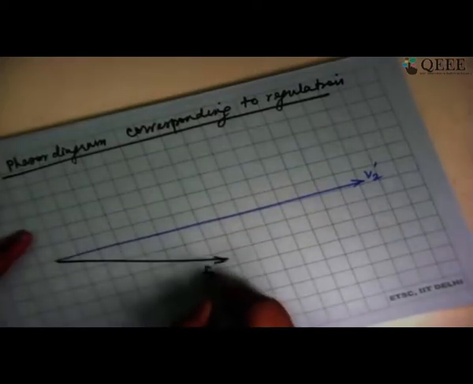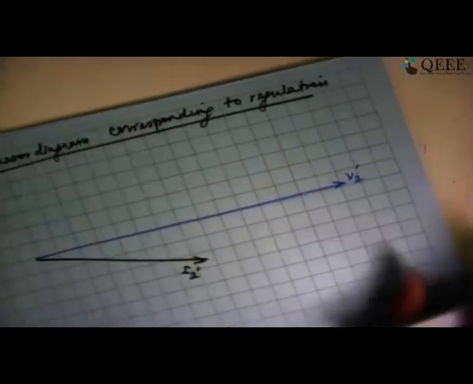So let me try to again draw the phasor diagram corresponding to regulation. So I am again looking at this as V2'. Let me say probably I have this as I2'.